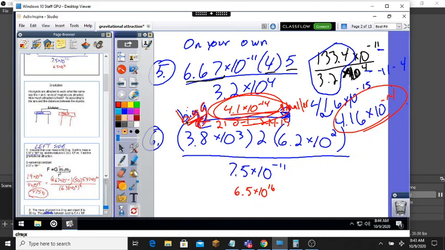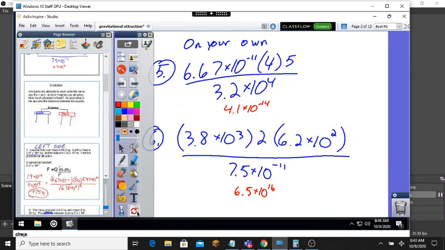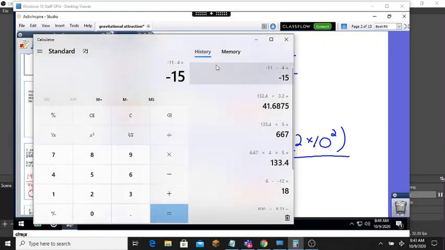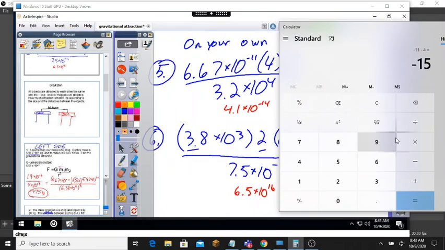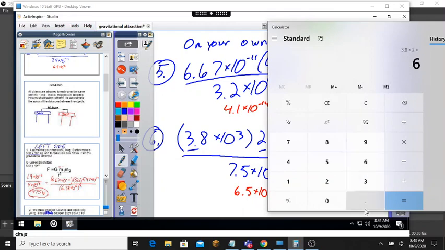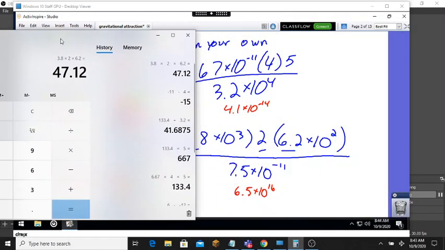Okay? Let me erase this so that I can have some more room. Okay, so now let's start multiplying 3.8 times 2 times 6.2. 47.12.